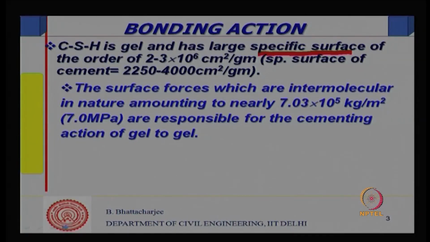Just as an example, if I have large size particles like stones, they are not bonded. Stones you can separate out very easily. Sand, well, you can separate out quite easily. Come to clay, the surface area is very large, because particles are small.